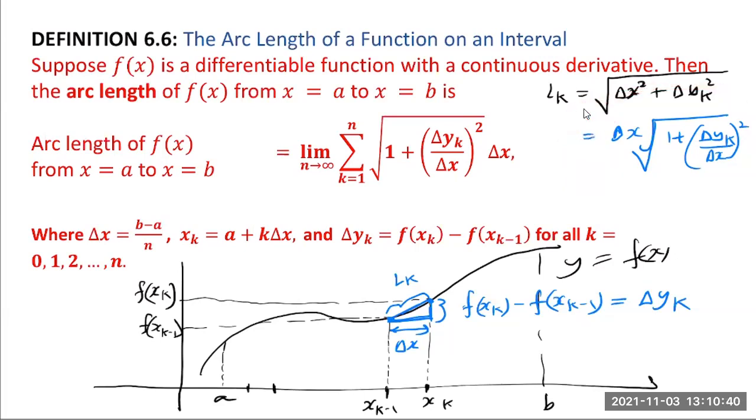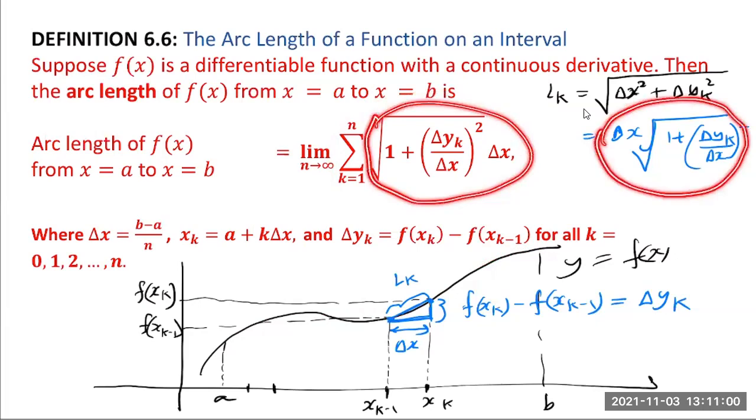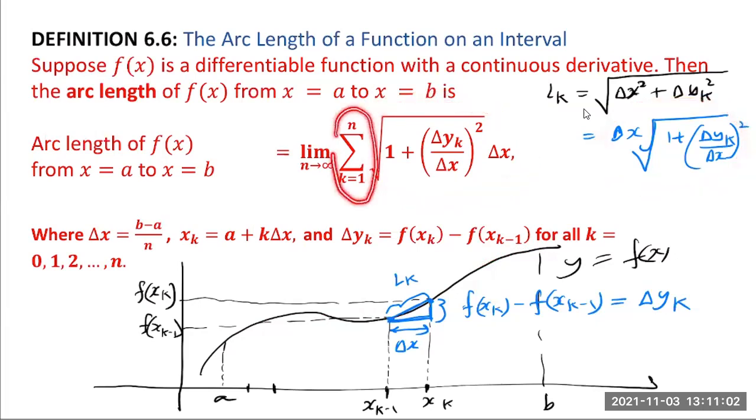That will give you the sum of n line segments, which is an approximation for the arc length of this function on the interval a, b. As you can see, this thing is the same as this thing. So you take the summation, k goes from 1 to n, because you need to accumulate the lengths of all those line segments.